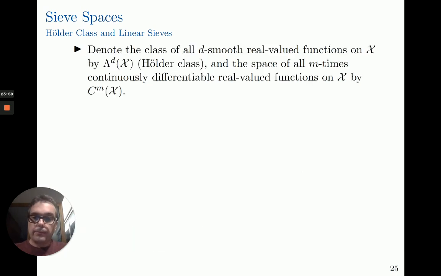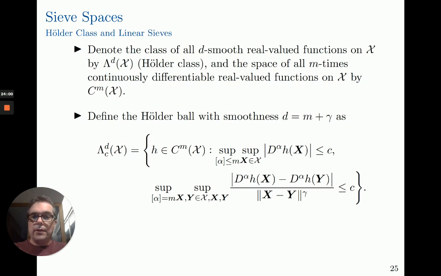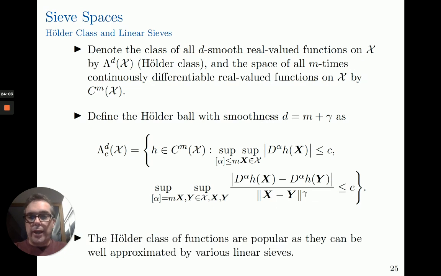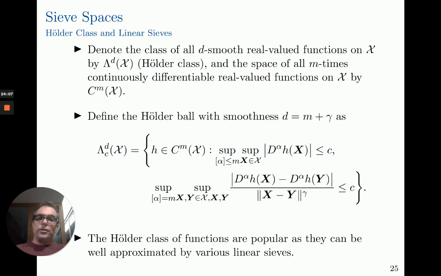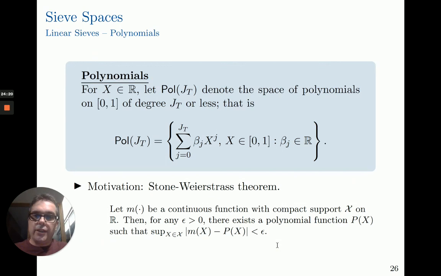Okay? And basically we can show that functions that satisfy these Holder class conditions can be well approximated by linear sieves. Which kind of sieves? Polynomials is one kind of sieve.